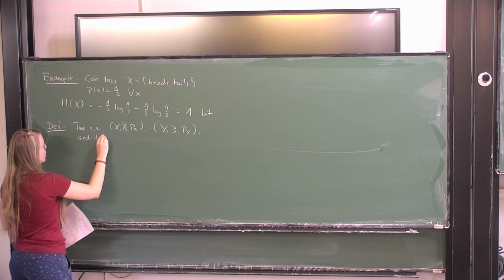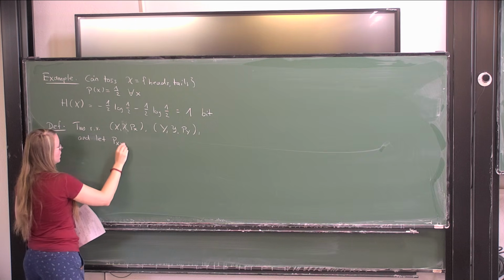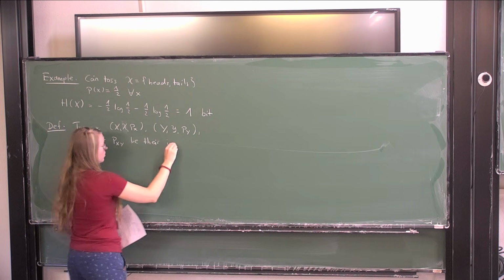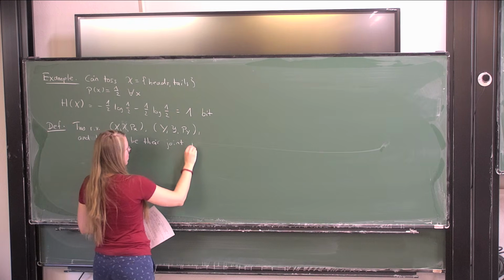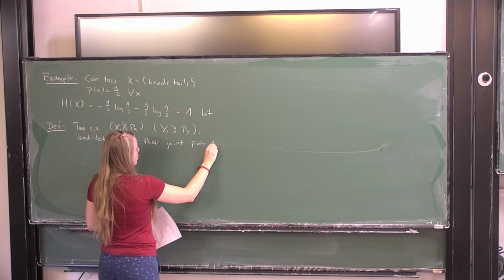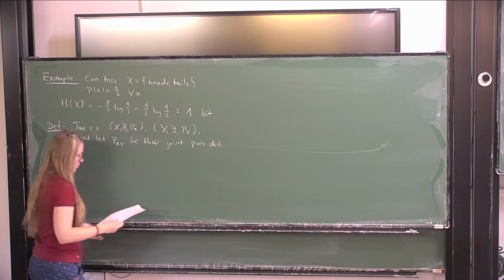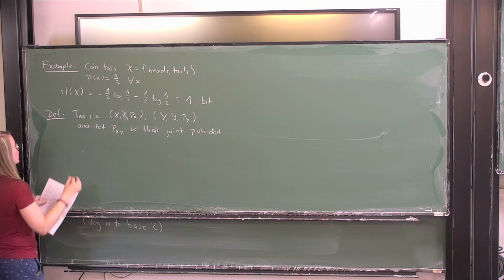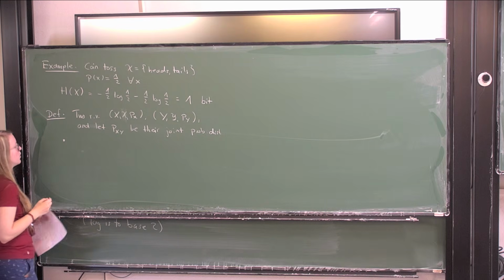And take p(x,y) with their joint probability distribution. We can just define a bunch of other interesting entropies.